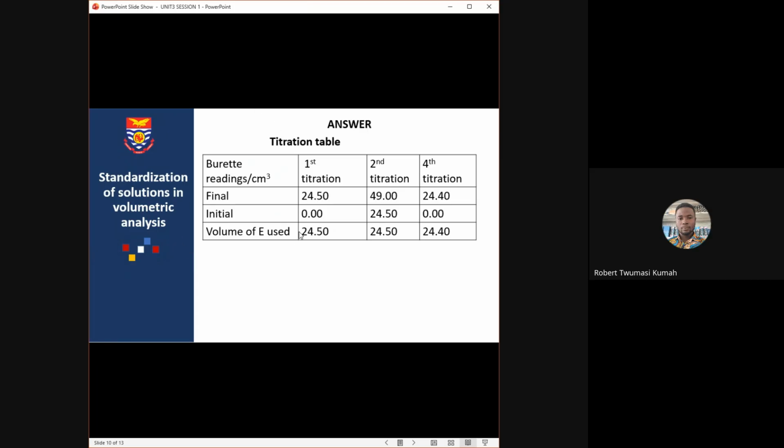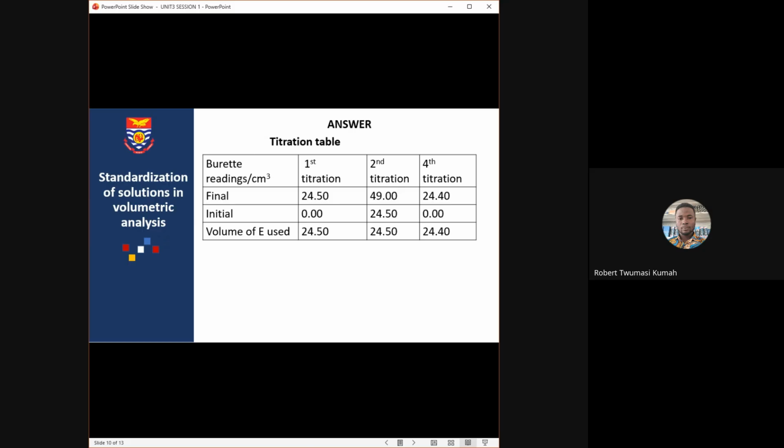Okay. Yes, Robert. Okay, sir. The values here I can see 24.50. It's 2, so I'll use the 2 and divide it by 2. Okay. All right. Thank you.